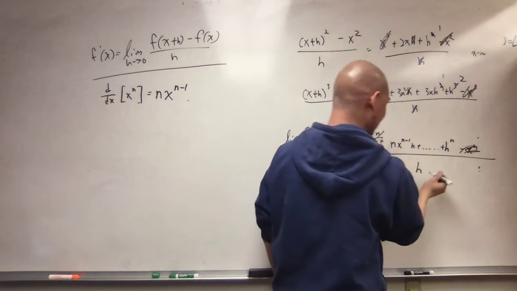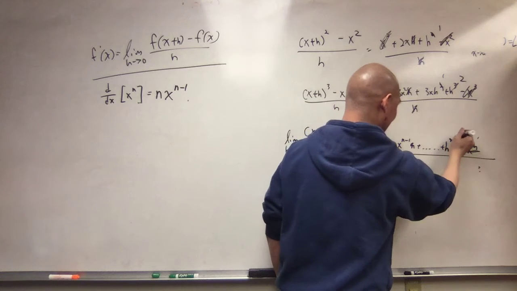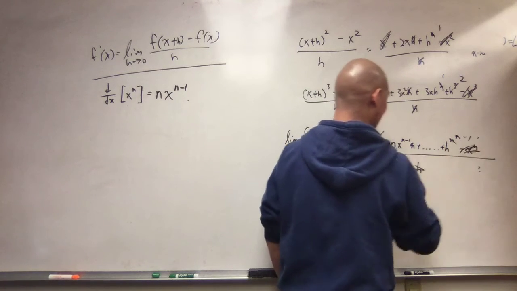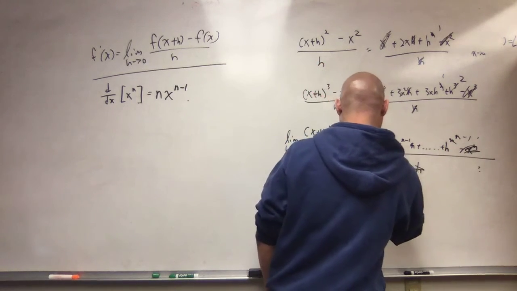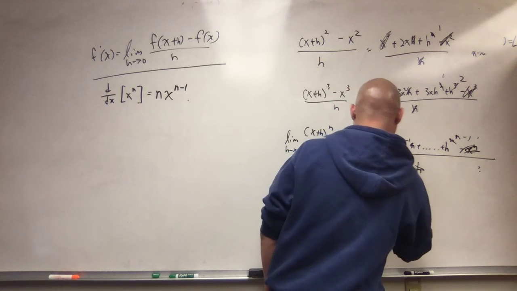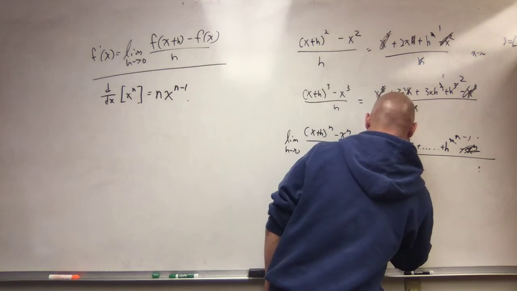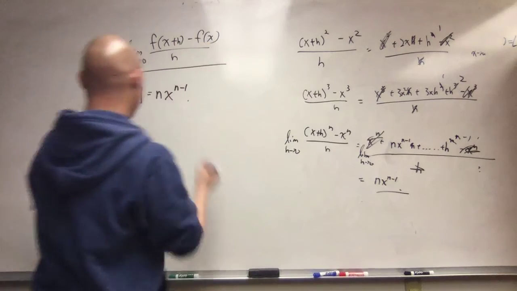This and that cancels, this cancels that, cancels that. When I plug in 0, I just get nx to the n minus 1, which is this fact here.